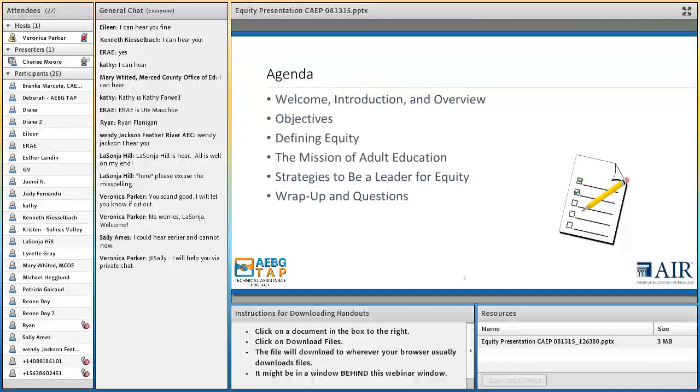And then we're going to get into some of the strategies to help you be a leader for equity. And after we highlight those strategies, we'll allow some time for questions, and hopefully we won't run out of time and get all of that accomplished in this hour.